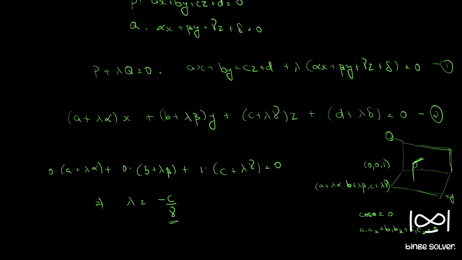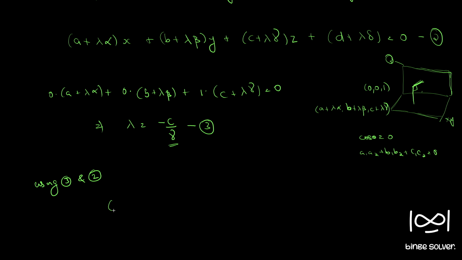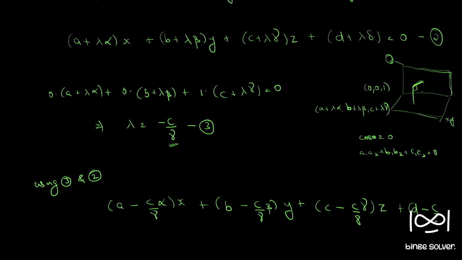Now we just have to apply this to equation 2. We get (a + lambda alpha) with lambda as minus c by gamma, x, plus (b minus c beta by gamma) y.